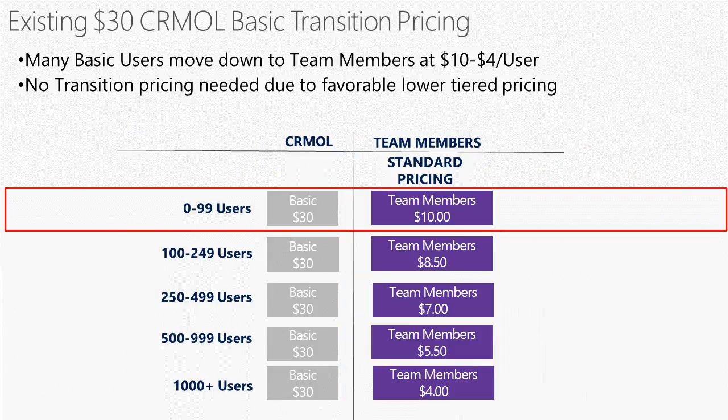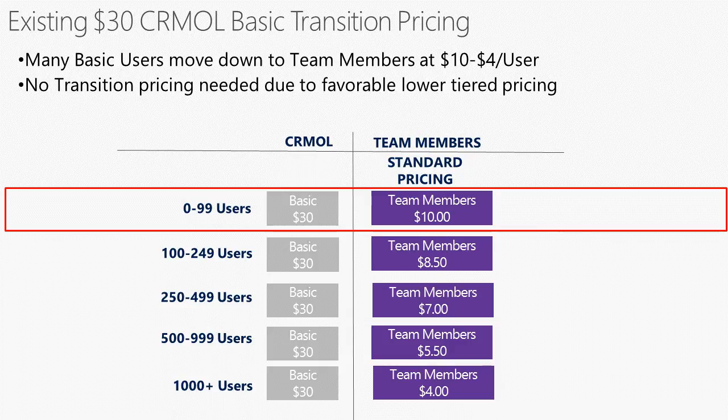Now, what I like about the next plan right here, too, is that it shows you there are going to be some customers who say, you know what, I didn't have the enterprise plan. I had the professional CRM Online plan, but I also had some basic users. As you may or may not know, the basic CRM Online cost an estimated retail price of $30. So now we have the decision: those basic members weren't able to do everything the professional or enterprise users were able to do. So maybe now is the chance to transition those basic users down to a lower cost of $10 for the team members.